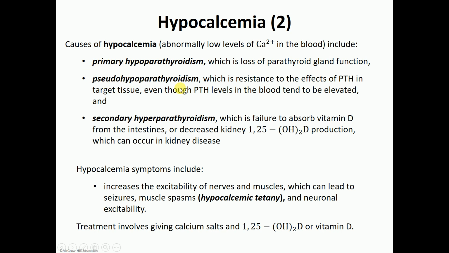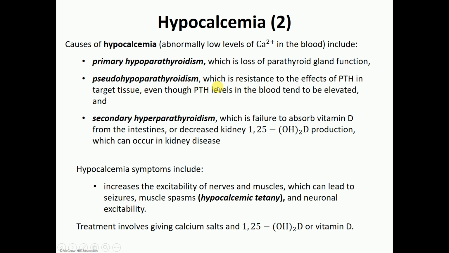Pseudo-hypoparathyroidism means that there is nothing wrong with the parathyroid glands. Actually, the parathyroid glands are making not only normal levels, but sometimes even higher than normal levels of PTH. So what is the problem? The problem is that the target cells, their receptors, are resistant to PTH. So in pseudo-hypoparathyroidism, there is resistance to PTH at the target level.